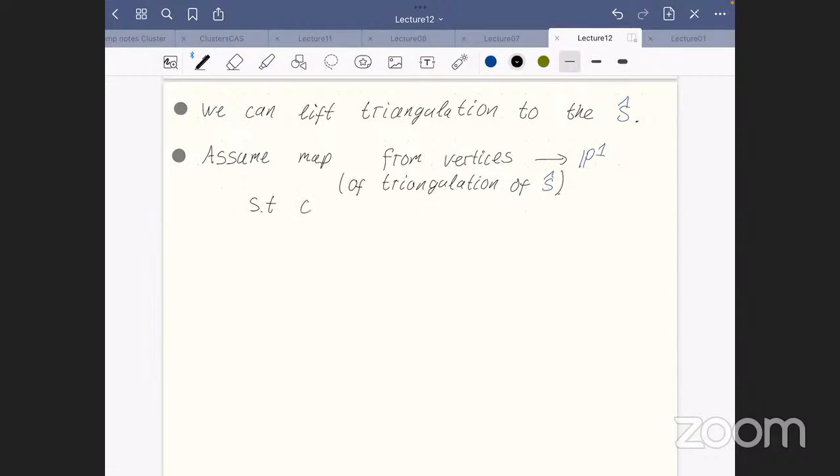Such that coordinates corresponding to edges of triangulation are pi1 of S equivalent.